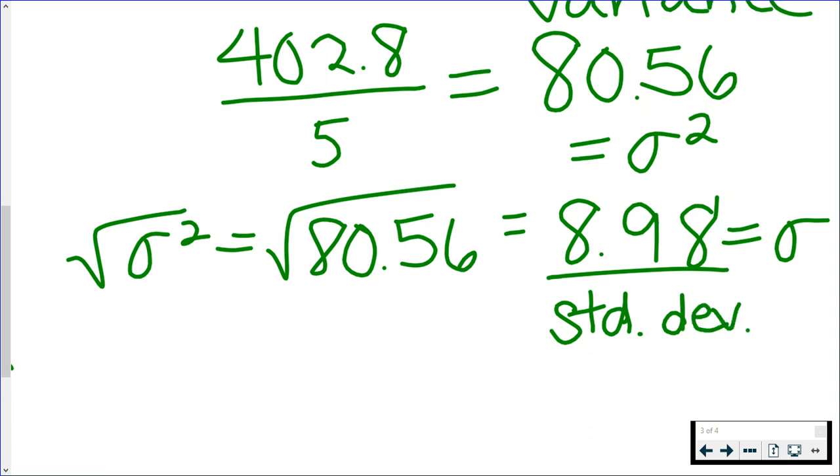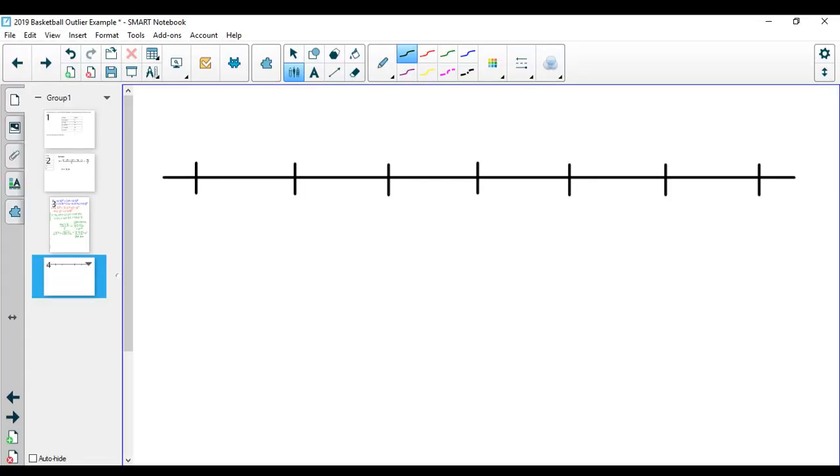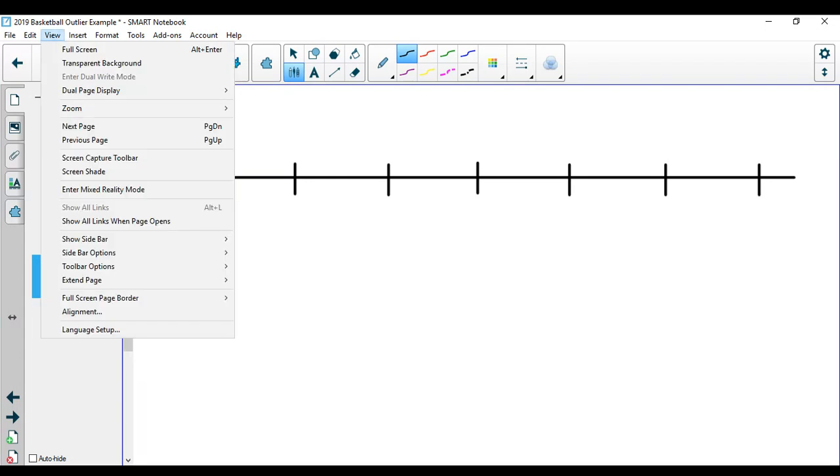So we have our mean, now we have our standard deviation. The last thing we need to do is figure out if we have any outliers using what we just found. I use a number line to do this. What we're going to do is put the mean or the average right in the middle.